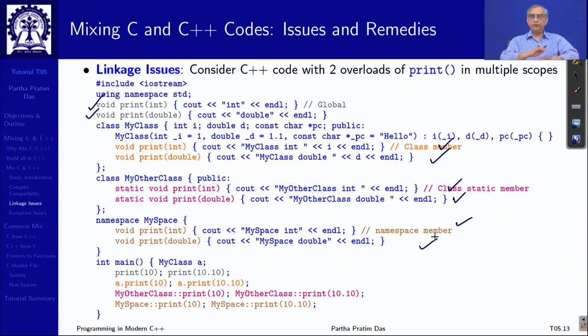I have all these overloads, which are perfectly valid. All of these different print functions can exist in the same program, in the same code at the same time. C++ is perfectly okay with that. So, how does it handle this issue? It handles this issue by mangling.